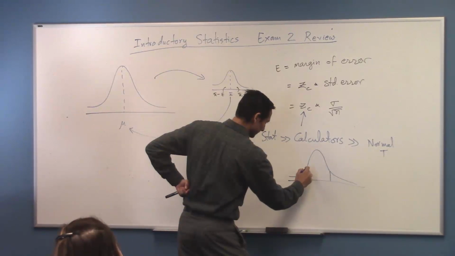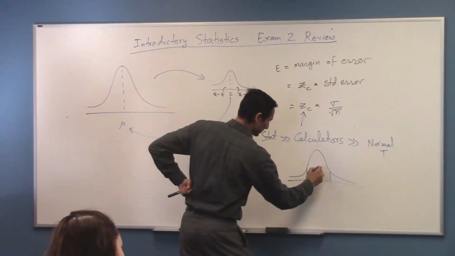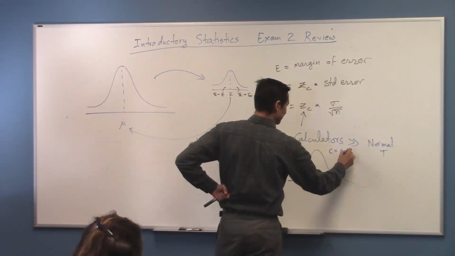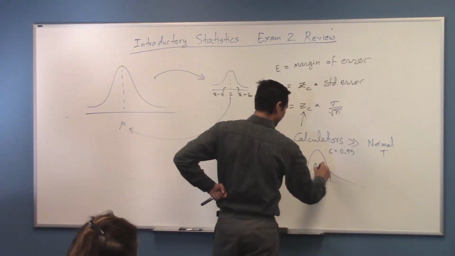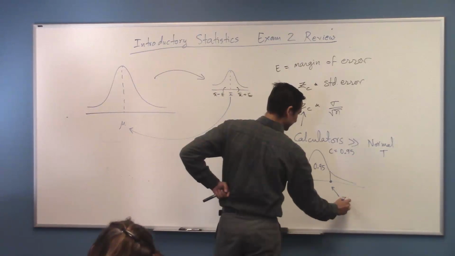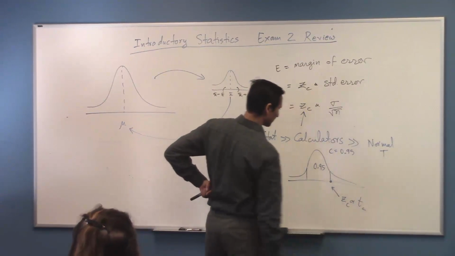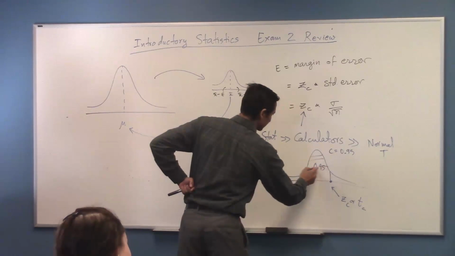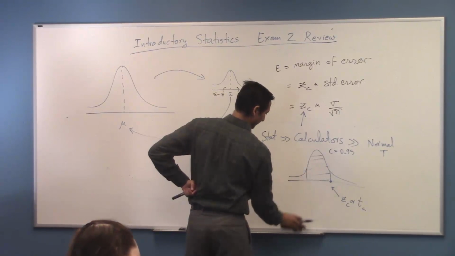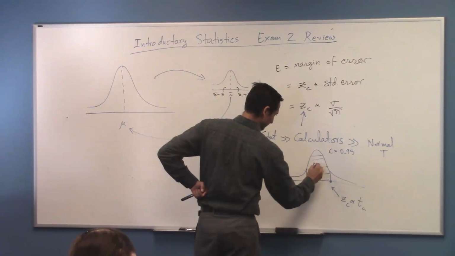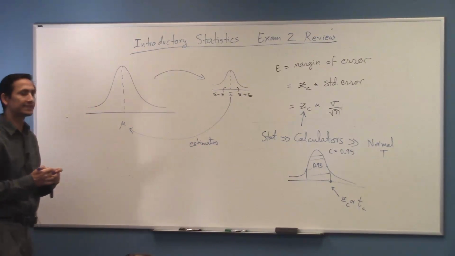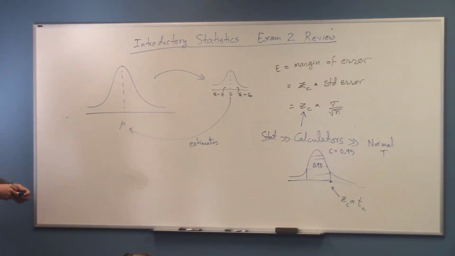Yeah, depending on. Those are your two distributions. So for example, if C is 95%, then you'll put 95, and then this is going to be your either ZC or TC, depending on there is this 95% area, right? That's how you find the critical value.